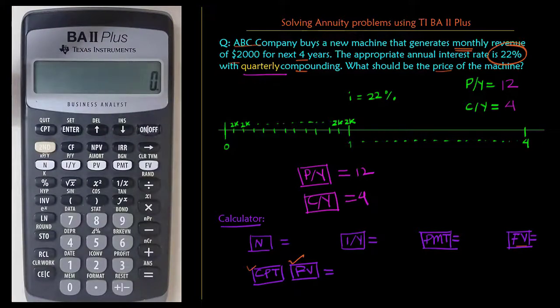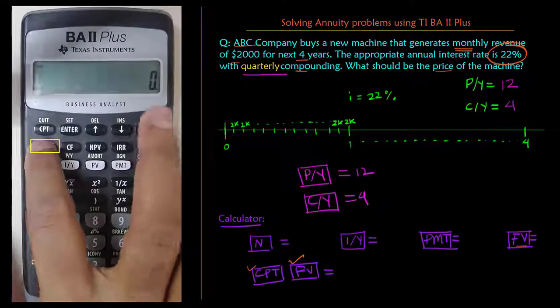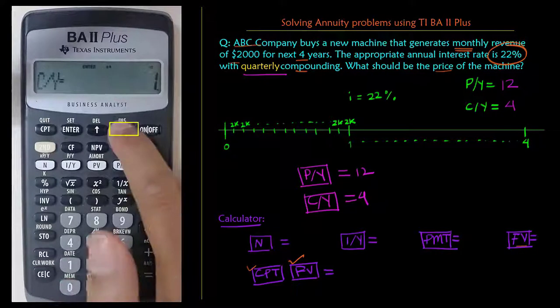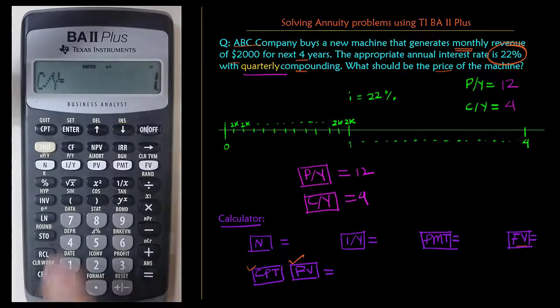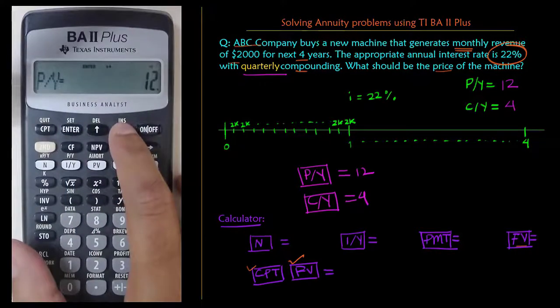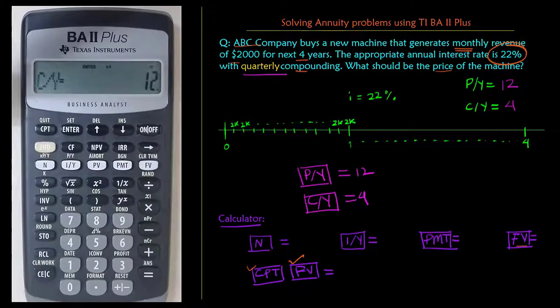Let's see how to do that. Before we do that, let's first see what the default values of P/Y and C/Y are currently set to in my calculator. To access those, press second and then press this I/Y button, and as you can see, the P/Y default value is set to 1 now. If you scroll down, you'll see the value of C/Y. Now let's get back to P/Y and change it to 12. So press 12, then press enter, and then change the value of C/Y.